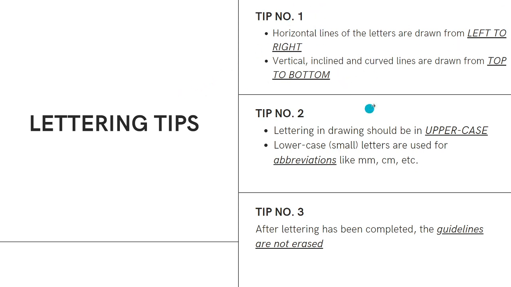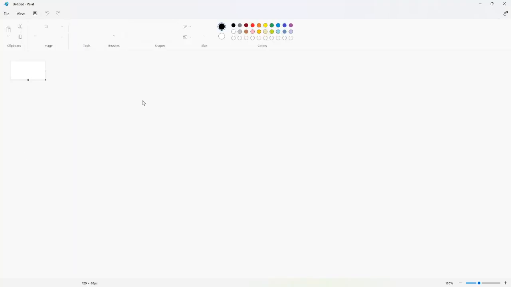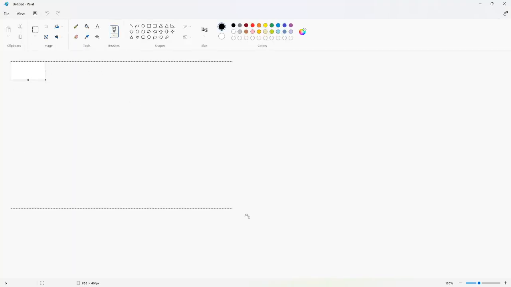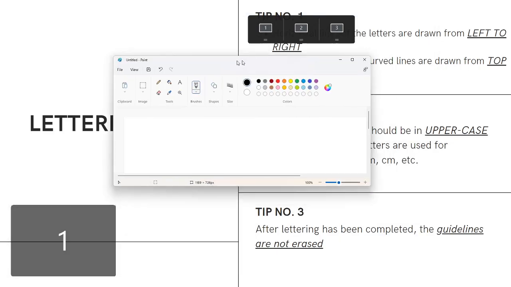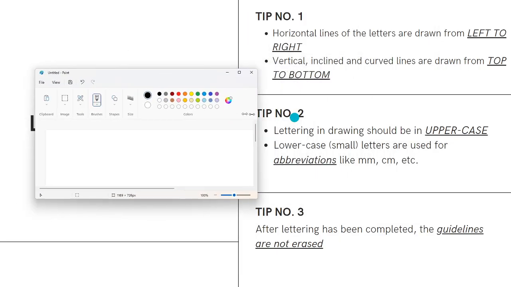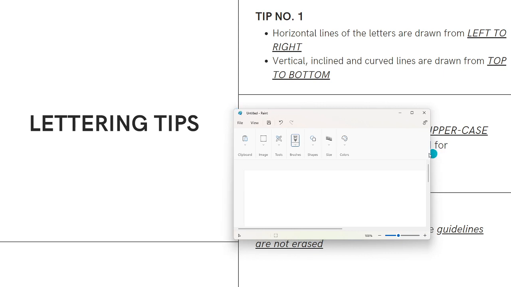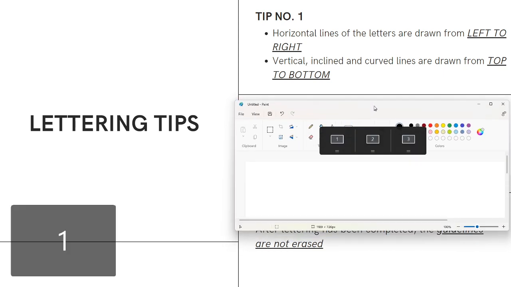So tip number 1, horizontal lines of the letters are drawn from left to right. So example for this, sample ta, lettering ta sample. Left to right, no?